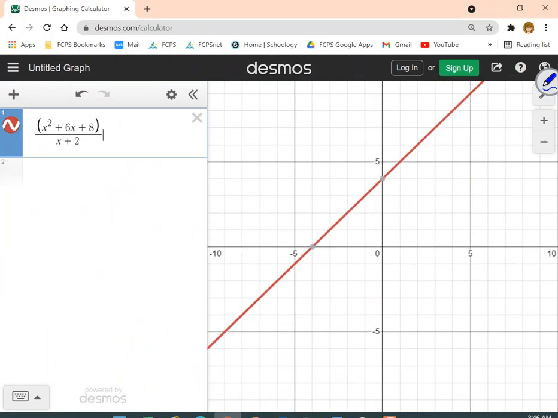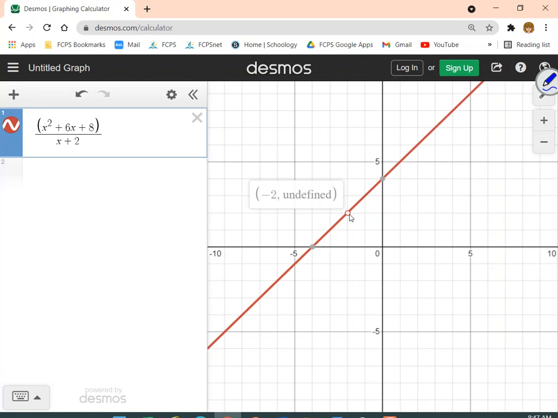Here's what's tricky about this. Rational functions can look just like normal friendly functions. Like this one, when I type it in Desmos and graph it, you're like, well, that's a line. Where is that hole you were talking about? Desmos doesn't show it, but if you click and drag, when I get to x equals negative 2, it tells me the function's undefined.